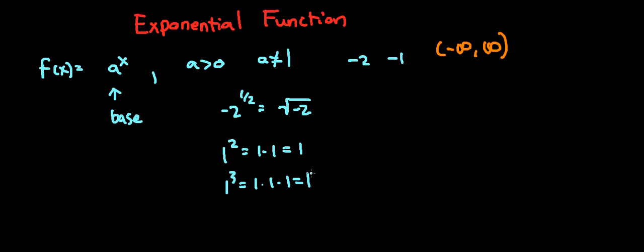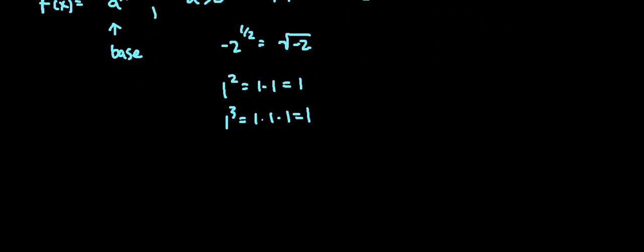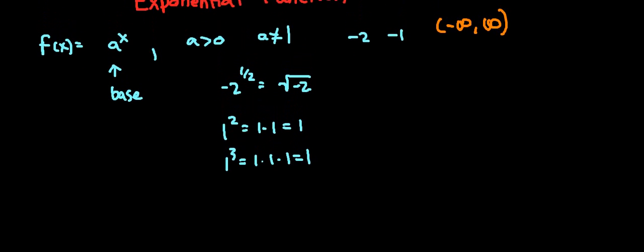So the reason we don't include 1 is not necessarily because it's going to cause a problem in the domain or anything like that. We don't include it because it's useless, really. It's not going to give us any information. It's always going to be itself. So we don't include bases of 1 because we don't get anything useful out of it.